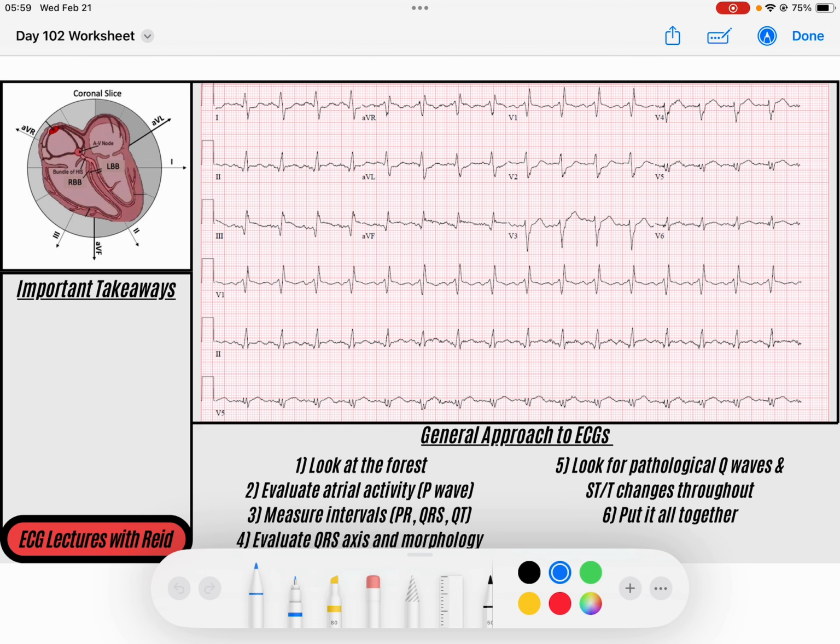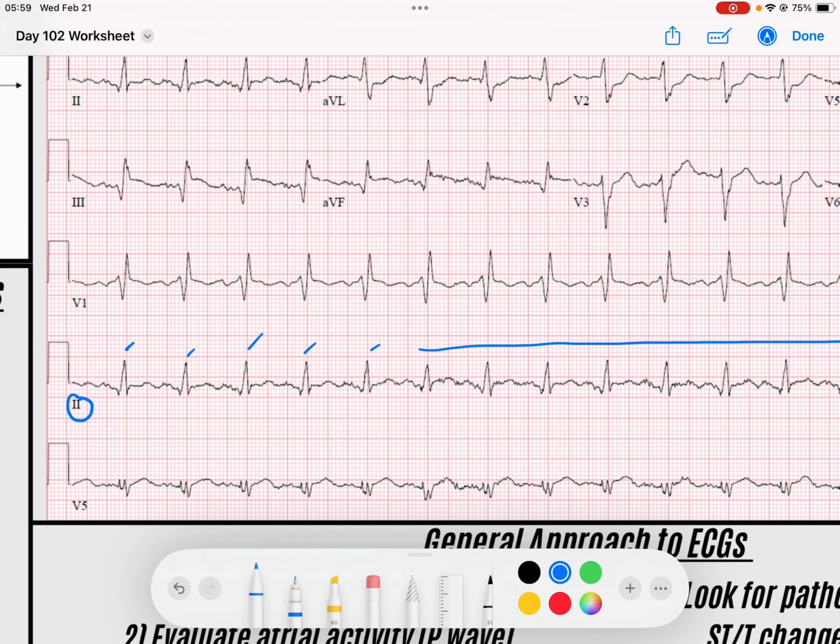So the first thing I like to do is look at the forest, and the trees of the forest are my QRS complexes. If I look down at lead 2, I've got a regular QRS complex that seems to stay that way throughout the entirety of the rhythm. You can notice that my QRS complex does seem to be wide.